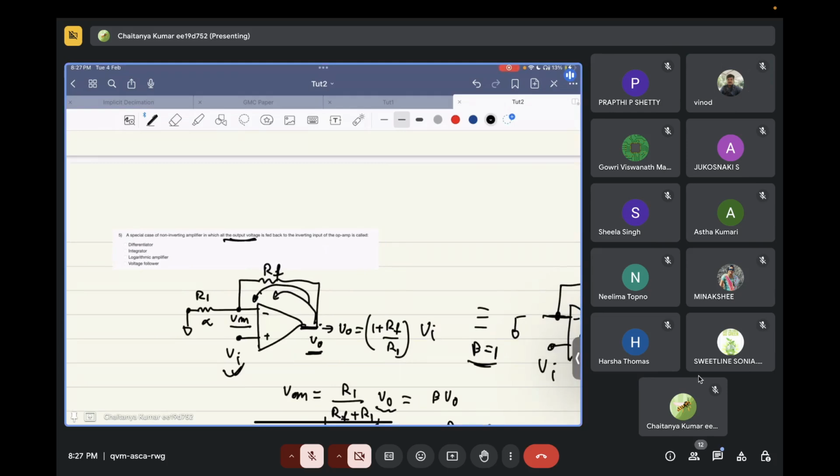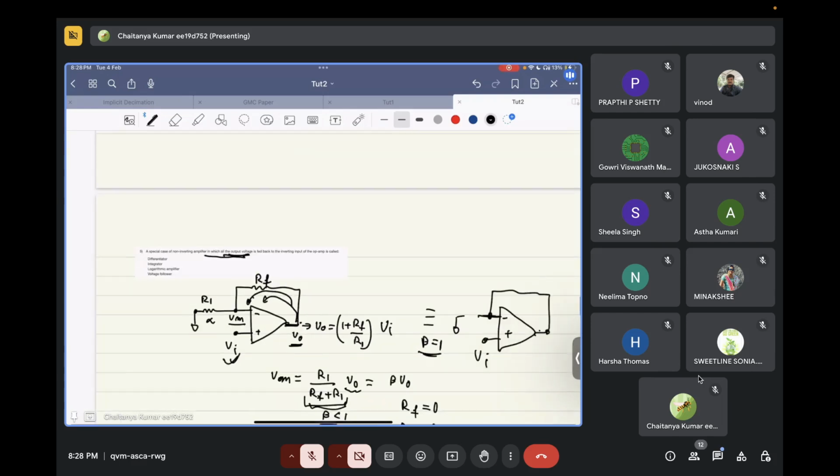Okay. So if all of the output is being fed back to the input, this beta is called the feedback factor. So if it is written that all of the output is fed back, that means to say the feedback factor is equal to 1.